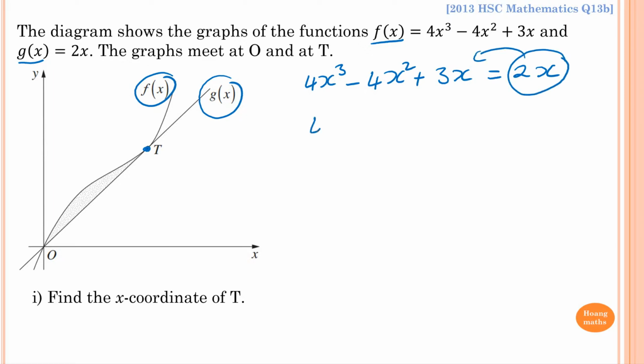So this gives me 4x^3 minus 4x^2 plus 3x. I move the 2x to this side, so it becomes minus 2x. So 3x minus 2x is x, so plus x is equal to 0.